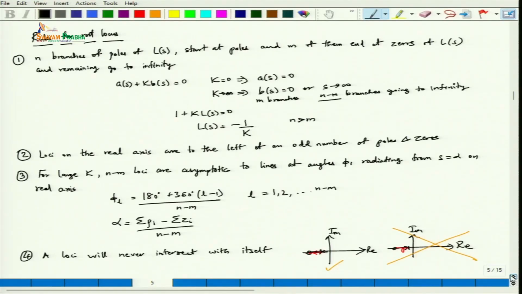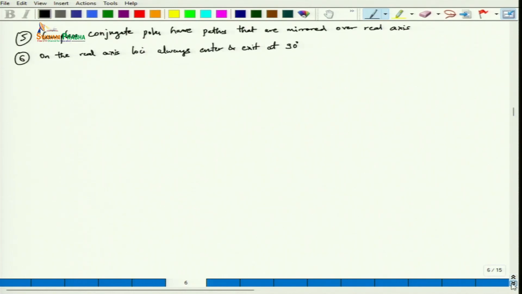So here we have discussed 6 rules. These are sufficient for creating a rough sketch and designing controllers. There are other rules and more details, but I believe we are not going to cover those because these are sufficient. And the second aspect is, this is sufficient to just create a rough sketch.